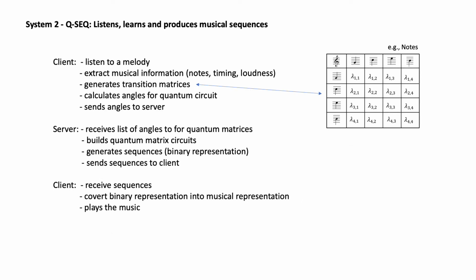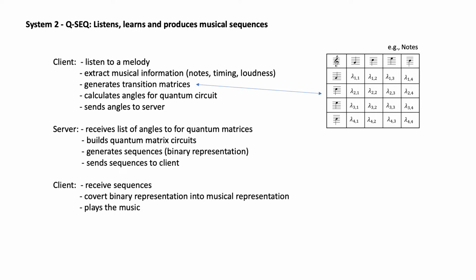Now, QSIC is more sophisticated than the previous in the sense that it learns to produce musical sequences based on what the musician plays. So it listens to a melody, extracts musical information, generates transition matrices, which are then converted into angles to rotate the qubits of a quantum circuit.